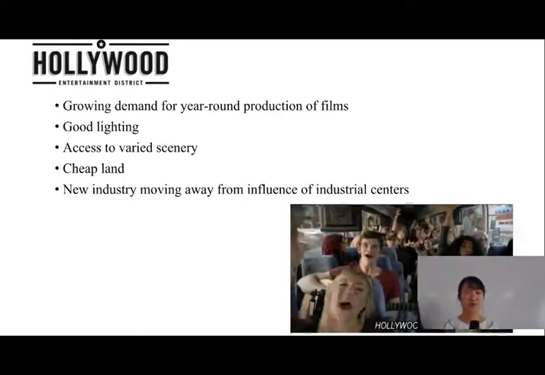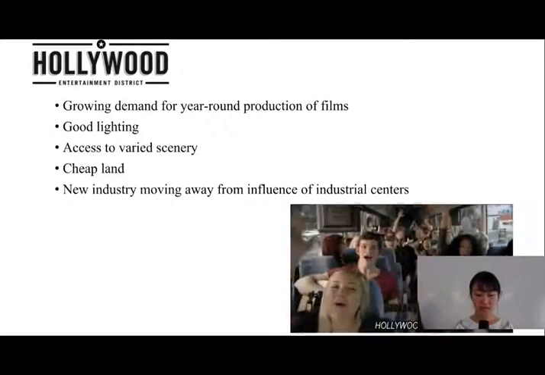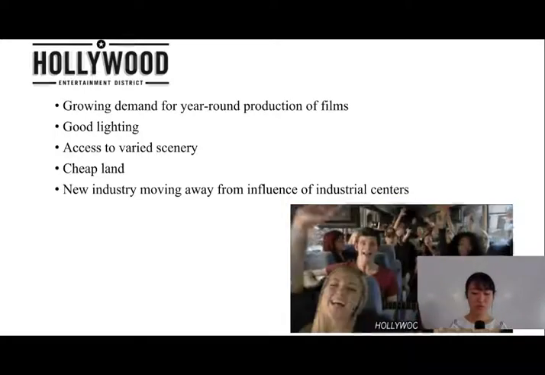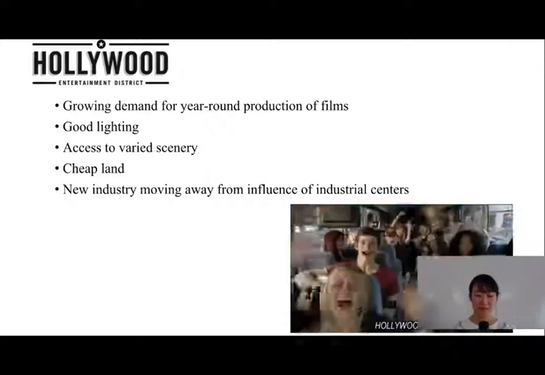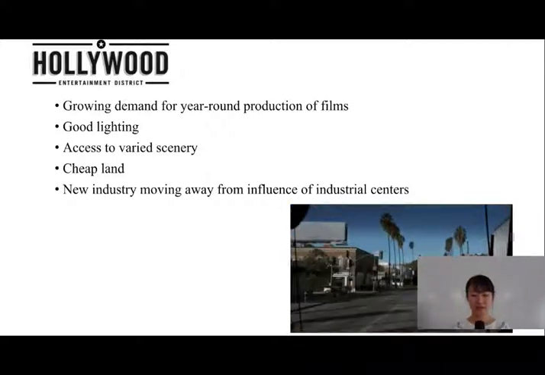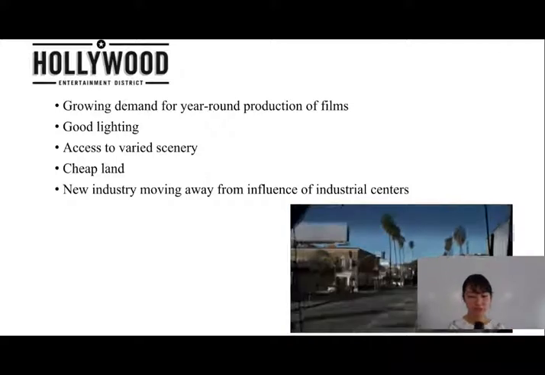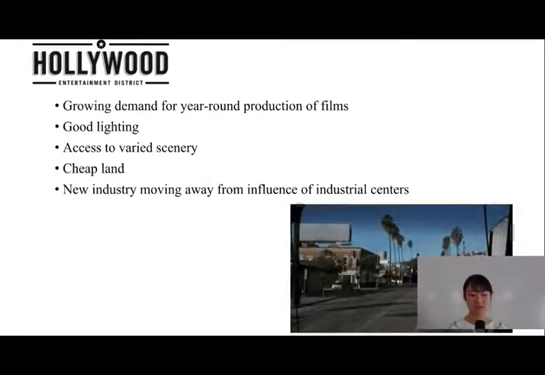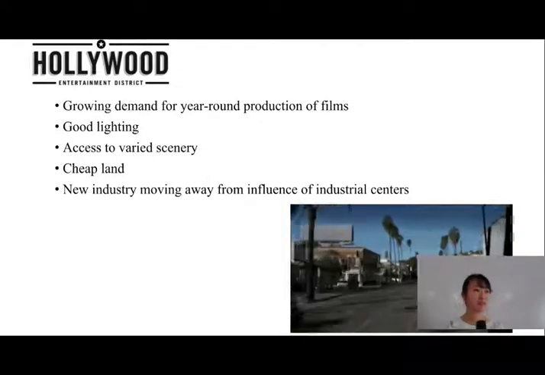Some producers realized that the growing demand for new work could only be met if the films were produced on a regular, year-round system. Hollywood proved to be a good location for many reasons.